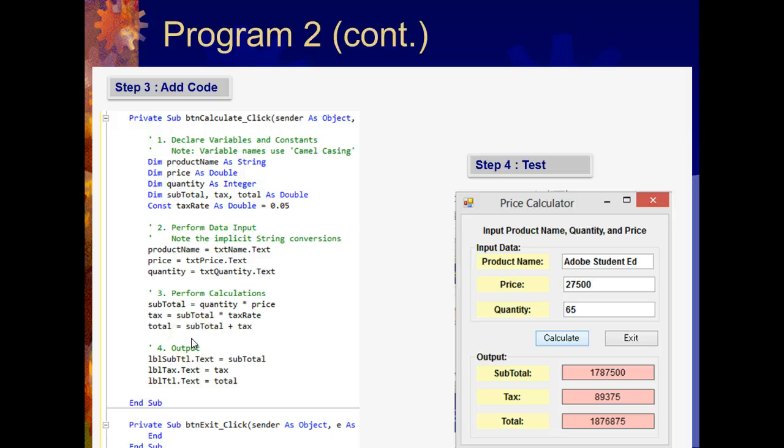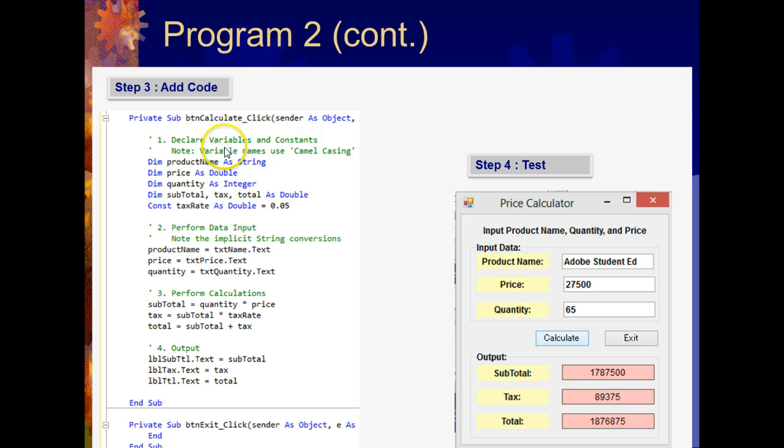Okay, so now we need to put the code in the calculate button, right? After the user enters this stuff, we press the calculate button and we get these results. So what do we need to do? We'll do it in 4 steps. First we're going to declare the variables and the constants.